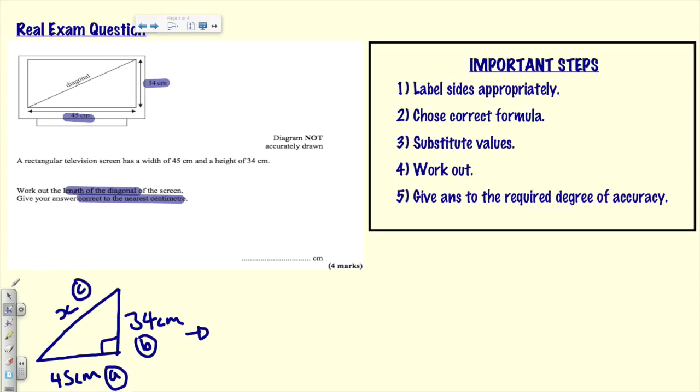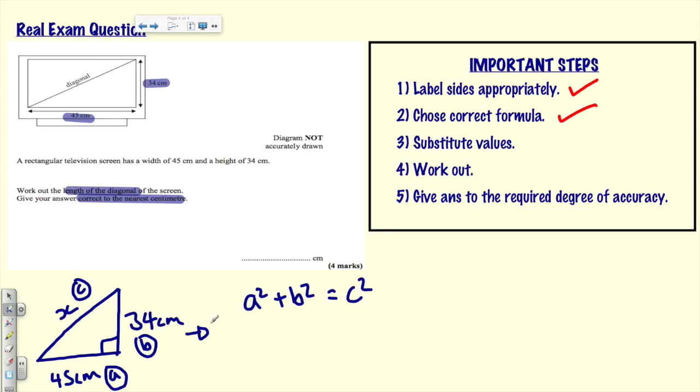Now, since we've completed the first steps, we need to work out the second step, choose the correct formula. The correct formula for this will be A squared plus B squared equals C squared, due to the fact that we have to find the hypotenuse. So once we've found the correct formula, let's substitute the values in.